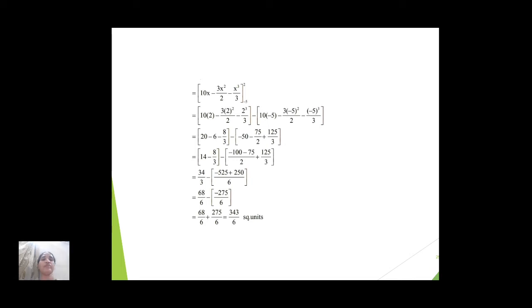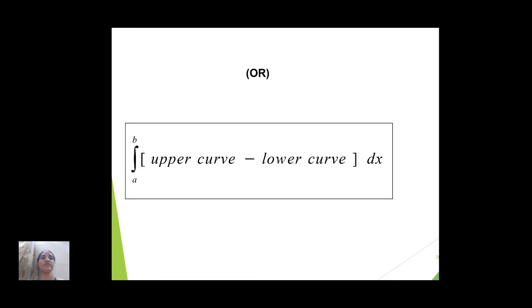Finally, the calculation becomes 343 by 6 square units.